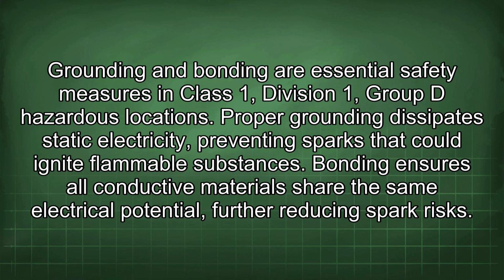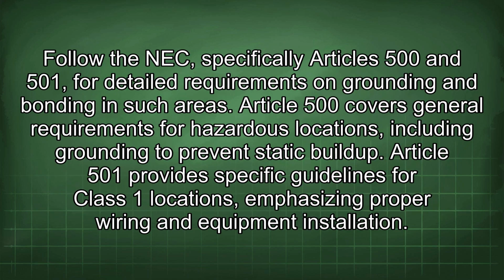Group D hazardous locations. Proper grounding dissipates static electricity, preventing sparks that could ignite flammable substances. Bonding ensures all conductive materials share the same electrical potential, further reducing spark risks. Follow the NEC, specifically Articles 500 and 501, for detailed requirements on grounding and bonding in such areas.